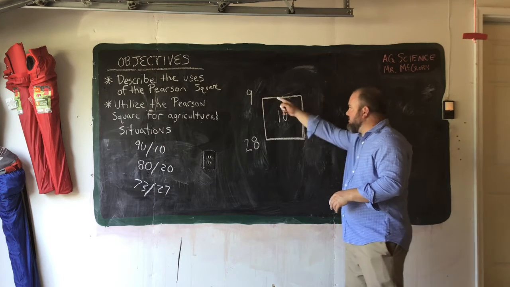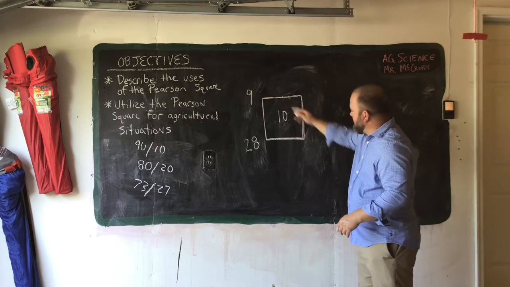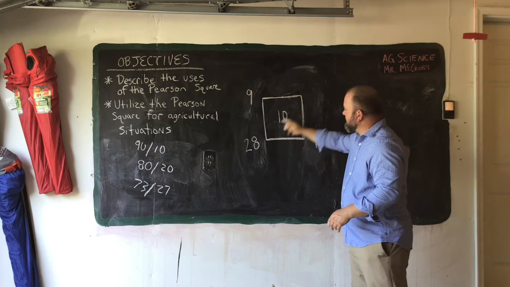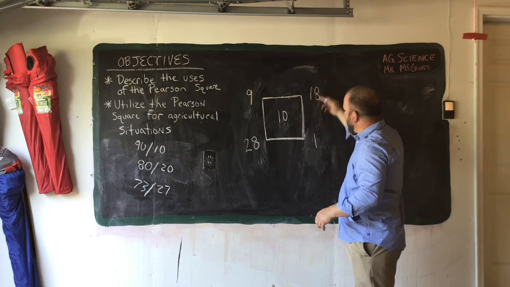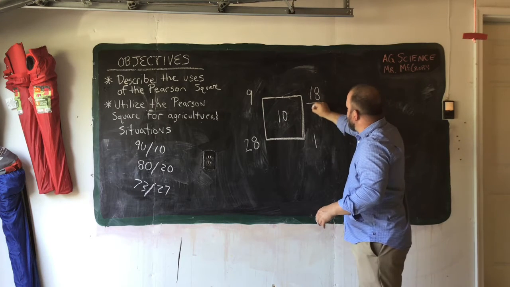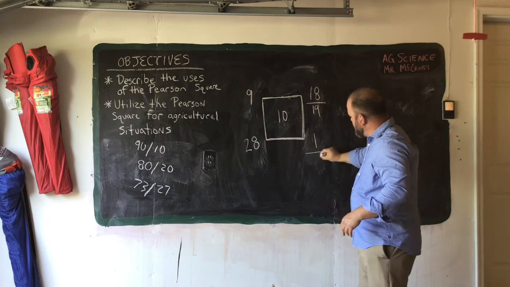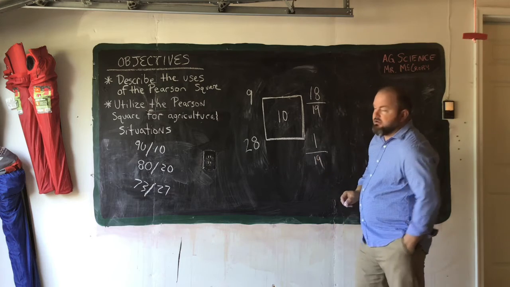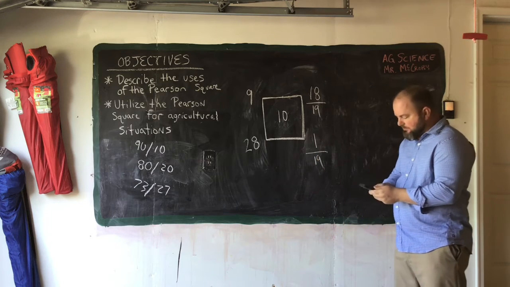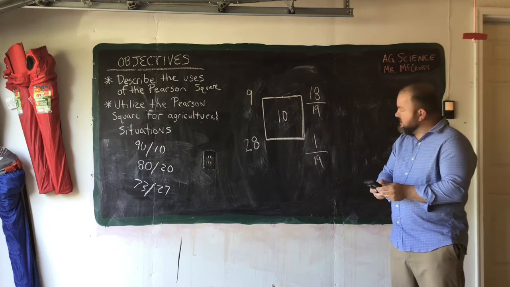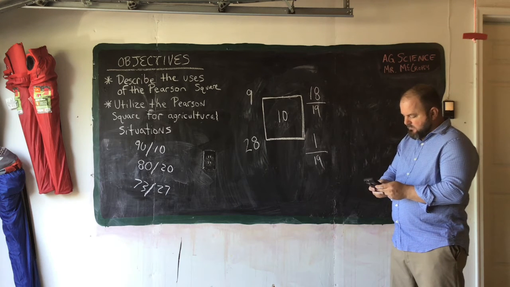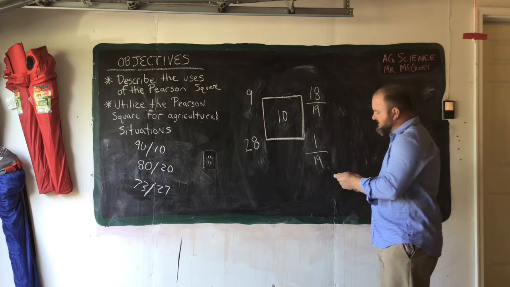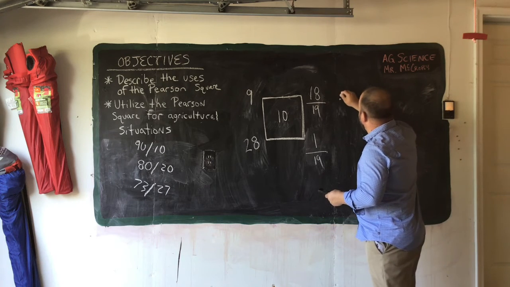So then what we do is we find the difference. So the difference here is 1. The difference here is 18. So we add up both of these parts. We get 19 and 19. So what we'll do is we'll simply do the math one more time. You take 18, divide that by 19, and you'll get 0.95 roughly.